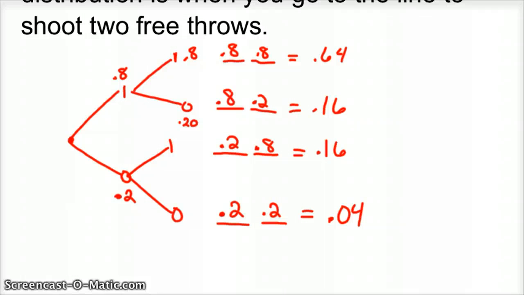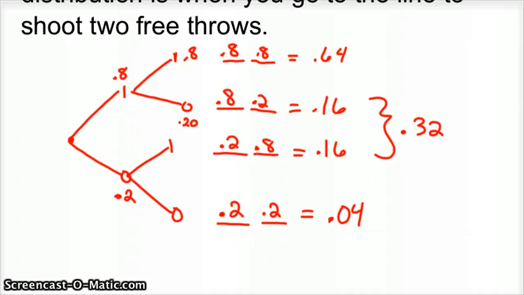And if you notice, when you add these two together, that would be 0.32. You have a 32% chance of making at least one of them, a 64% chance of making them both, and a 4% chance of missing them both.